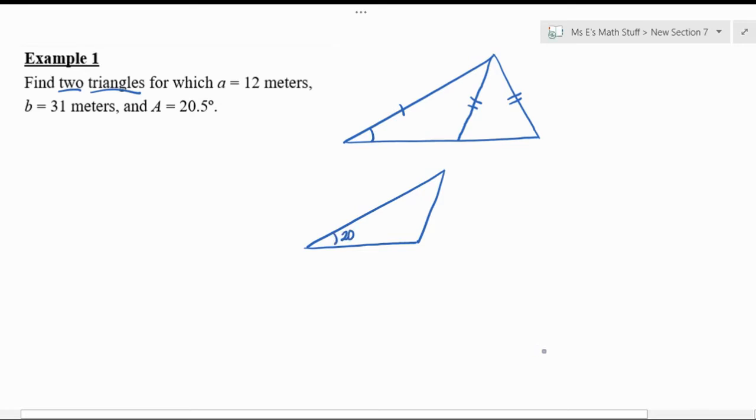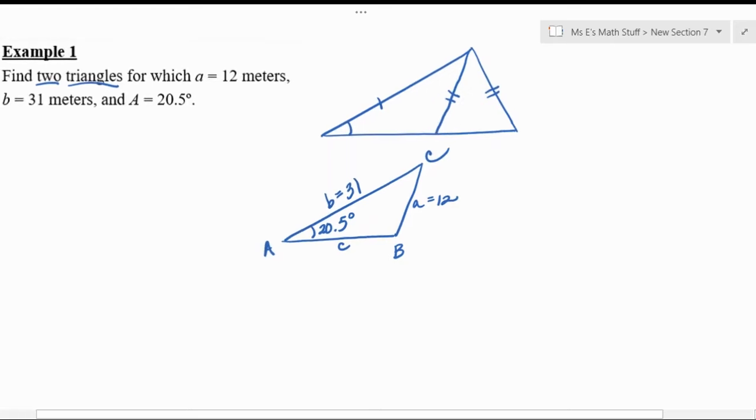This is 20.5 degrees. This is A, side length A, which is 12. And then we'll put angle B here, and opposite angle B was side length B, which was 31. And then that would leave this to be C and this side length C. So this would be one of the triangles.